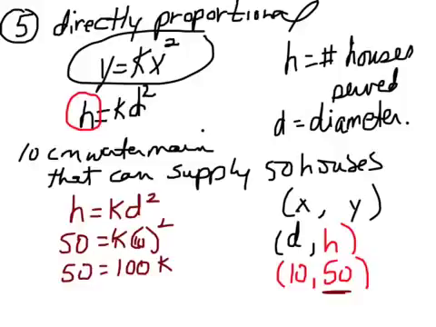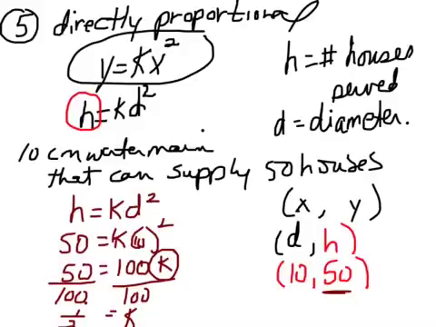Ooh, I almost know what my K is. How am I going to figure out what my K is? Yeah, just solve for K. If I want K by itself, I'm going to circle it. Shouldn't I divide 100 out of both sides to get K by itself? Mm-hmm. What's 50 over 100? Well, it's 1 over 2, right? It's a half if you reduce that fraction.